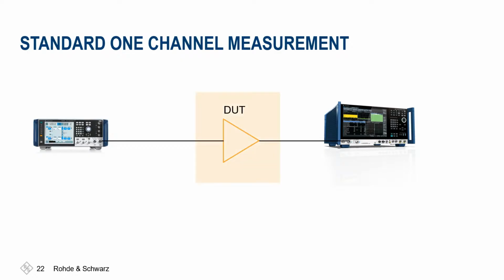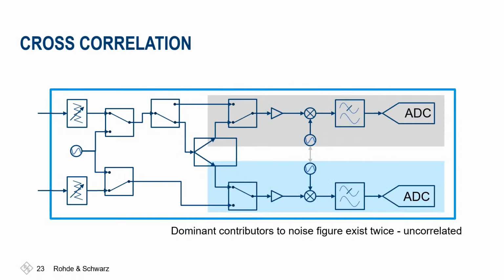So this is the DUT, and what we want to do is characterize only the DUT, not the signal generator, not the analyzer, not the noise floor from any of those two, just the device under test itself.